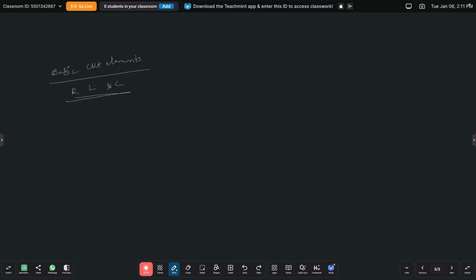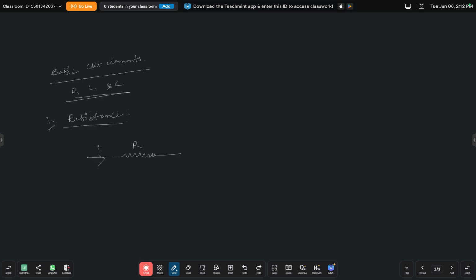The first one is resistance. Let us consider a resistance. This is the symbol of resistance. Here the resistance is represented by R, and some current is flowing through this resistor.